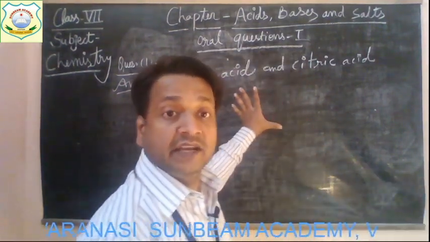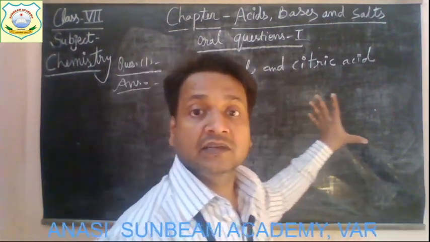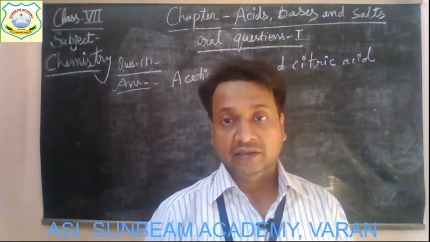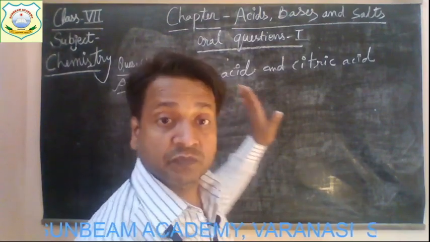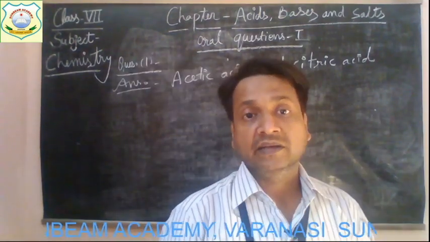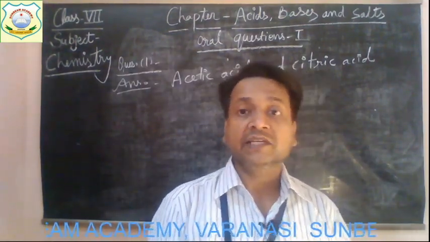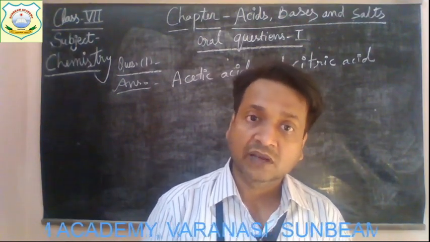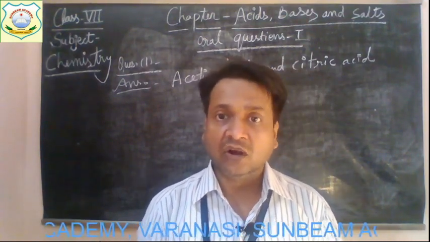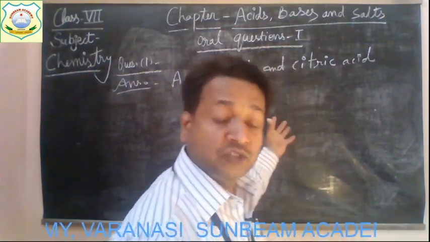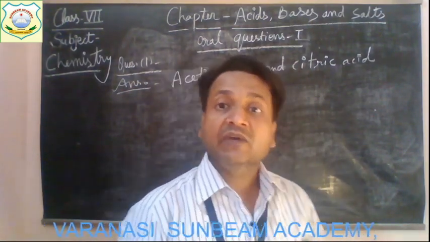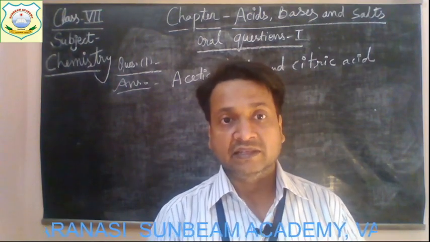These are the names of two acids whose taste you enjoy. Because you know that the acetic acid is found in vinegar and the citric acid is present in all citrus fruits like lemon, orange and all. Is it? And you enjoy to eat these sour tasting food materials.